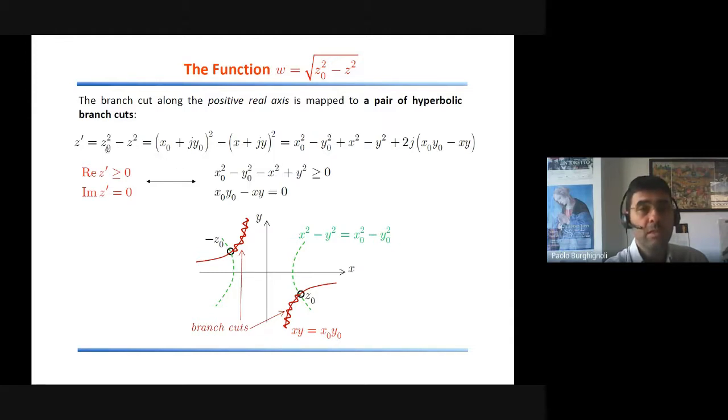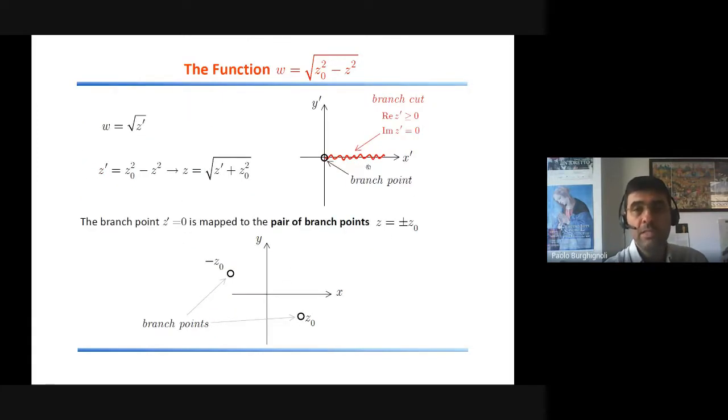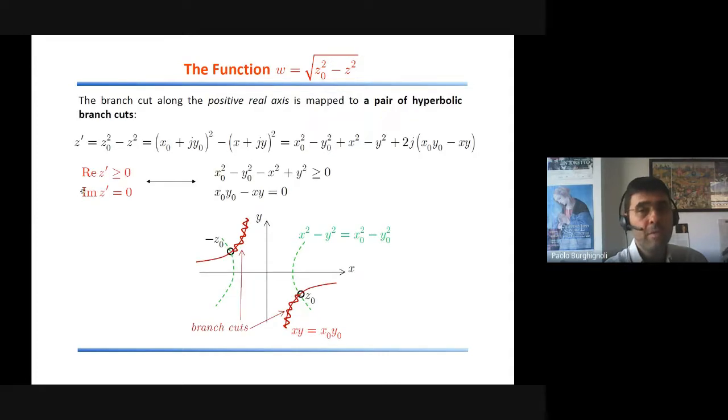If you do that both in z0, in these brackets, and in z, and you separate now the real and imaginary parts of z', then this branch cut in z', for which the real part of z' is greater than or equal to 0 and the imaginary part is equal to 0, becomes this system of equations: x0 squared minus epsilon0 squared minus x squared plus y squared greater than or equal to 0, which is an inequality, and defines therefore a region of the complex plane, which is the region between those two dashed green hyperbolas.